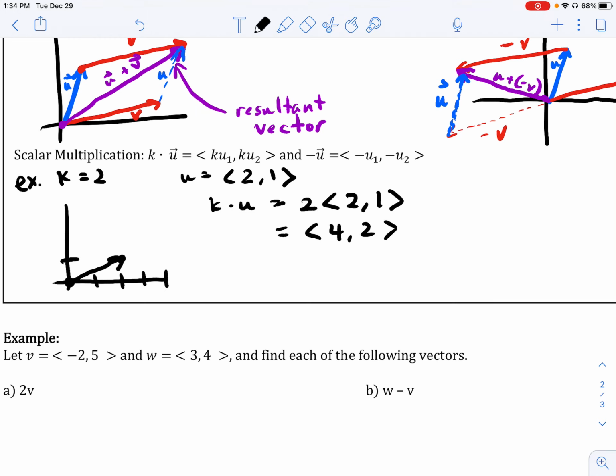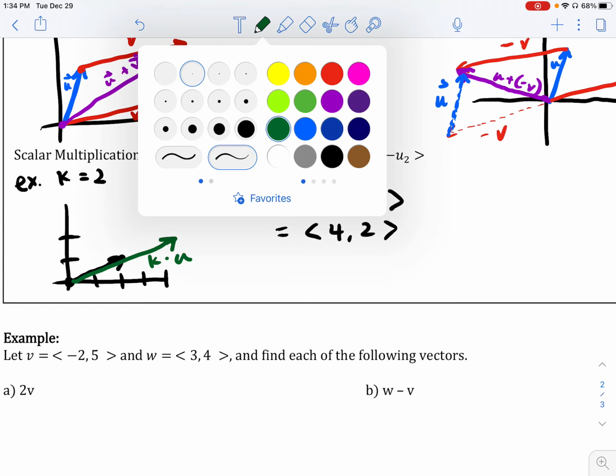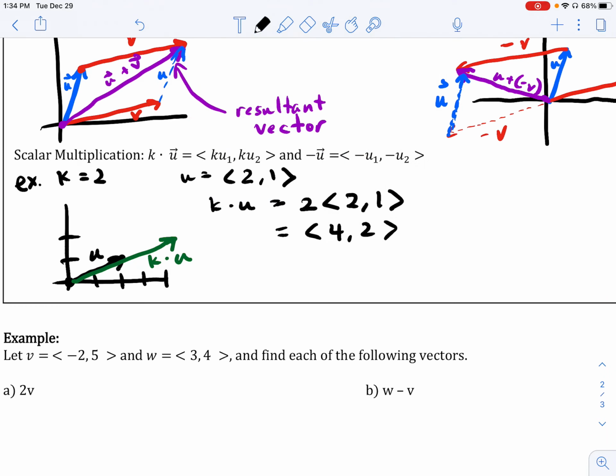On our graph, k times u would be a vector that is going in the same direction. Its direction hasn't changed, but now it's twice as long as what we had before. So we had vector u, we multiplied it by the scalar 2, and now it's a vector going in the same direction, but twice as long. So that's what k times u would be.